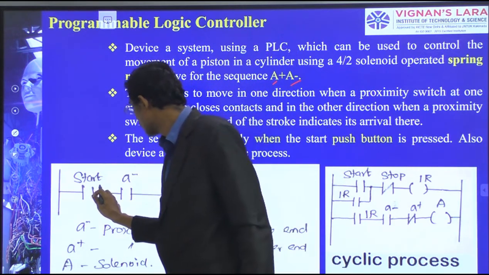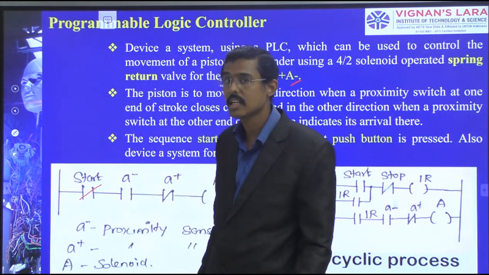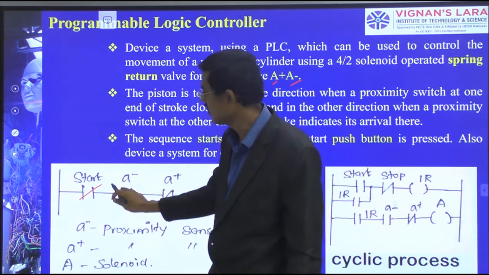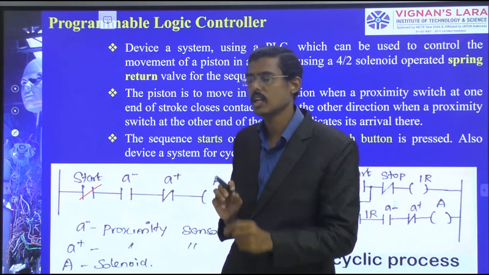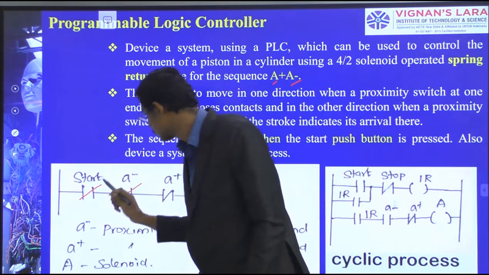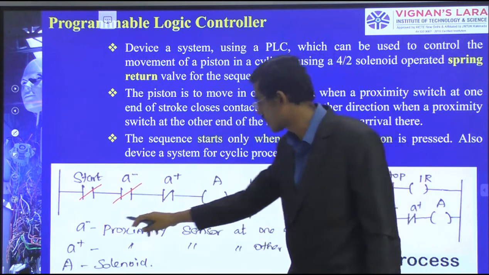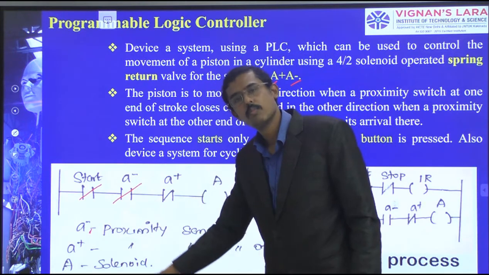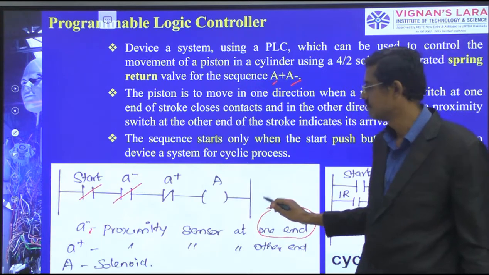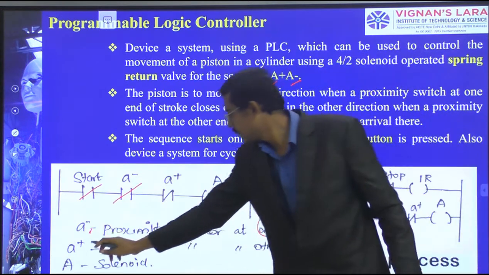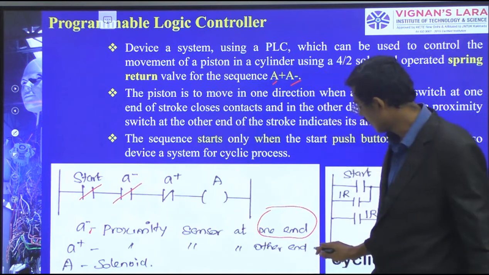I have started the cylinder, the action has been done, and then the initial position of the piston I am understanding as A minus. Proximity sensor A minus, proximity sensor at one end. Next, A plus proximity sensor at the other end.